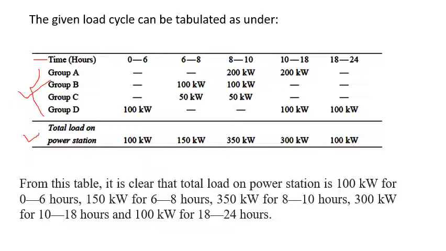From this table it is clear that the total load on the power station is 100 kilowatt for 0 to 6 hours, 150 kilowatt for 6 to 8 hours, 350 kilowatt for 8 to 10 hours, 300 kilowatt for 10 to 18 hours, and 100 kilowatt for 18 to 24 hours.